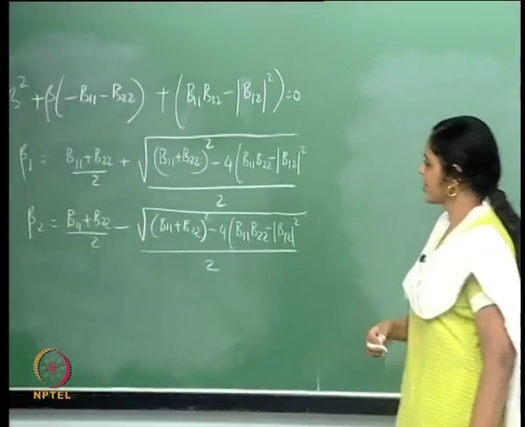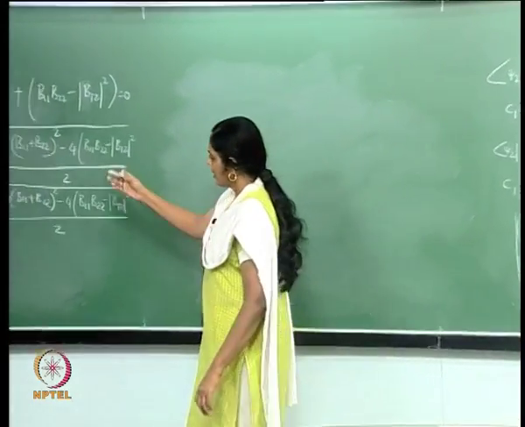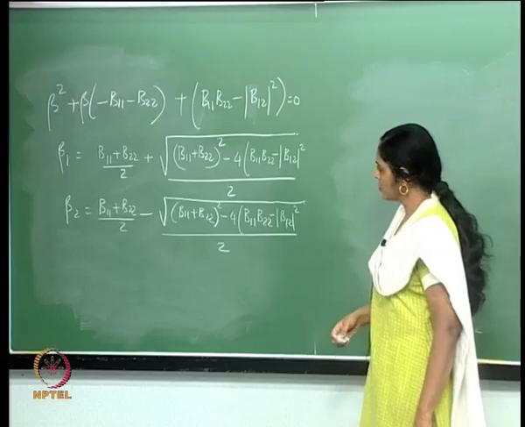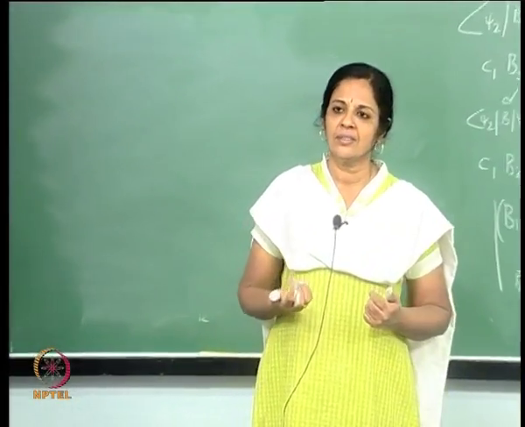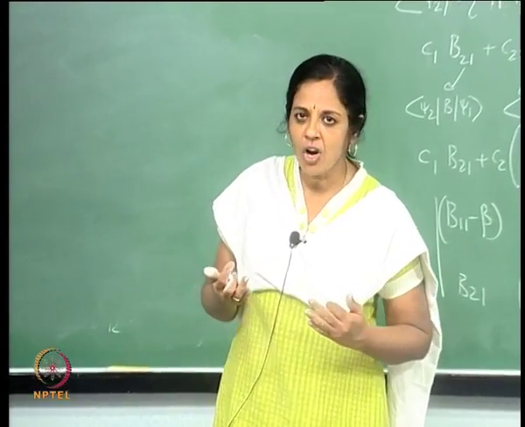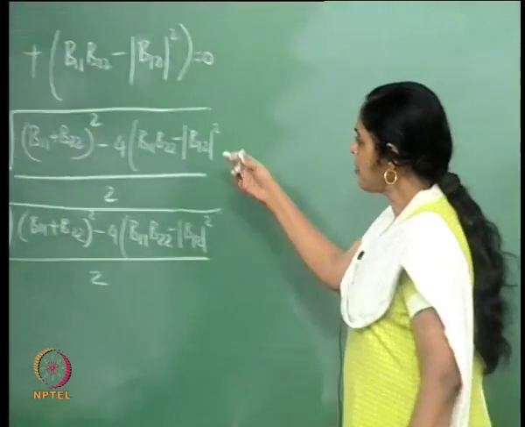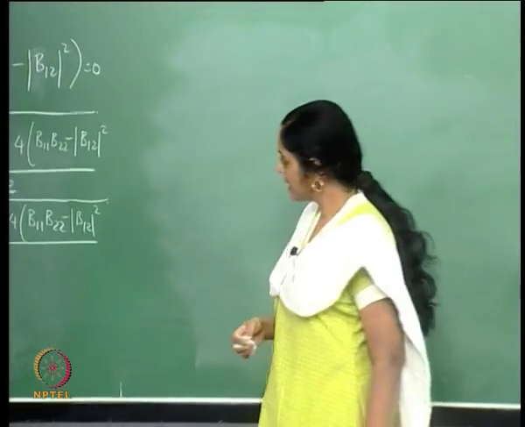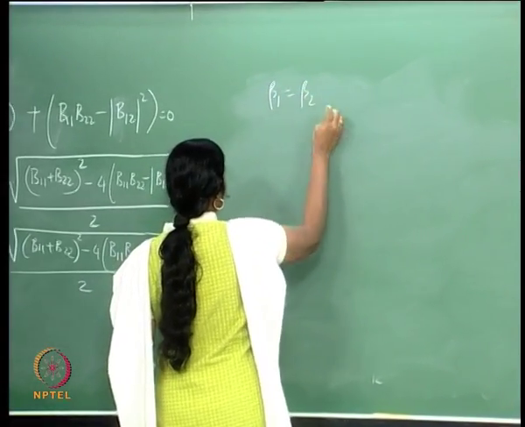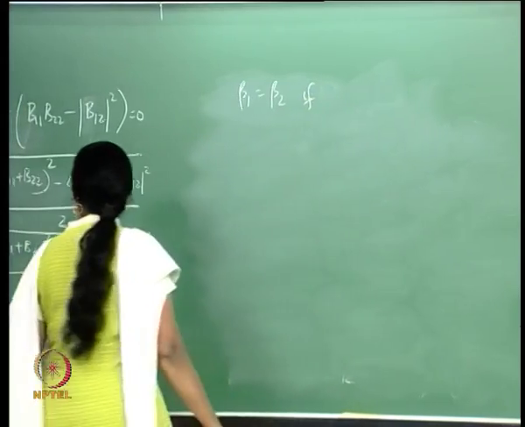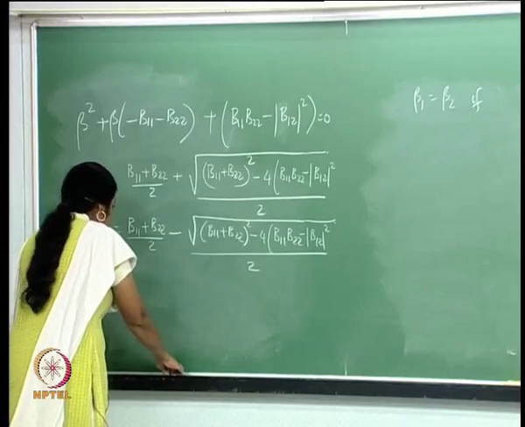Now, I have a situation where I have two roots beta 1 and beta 2, and I demand that B psi is beta psi, that psi is a common eigenstate of A and B. Is it possible to have these two roots equal? Yes, it is possible. Beta 1 equals beta 2 if this quantity within the square root is 0.